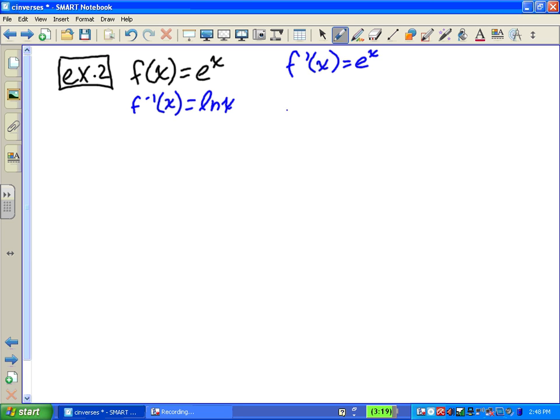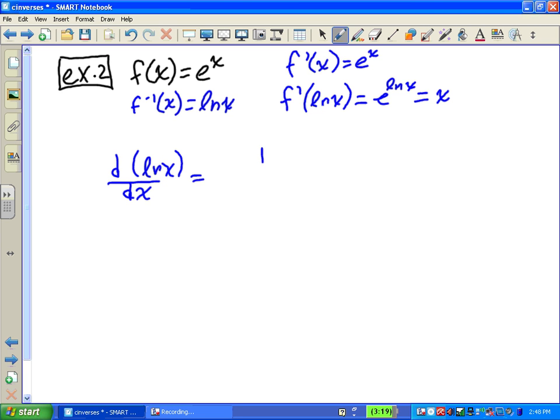And f prime of ln x equals e to the ln x, but that simplifies to x. So the derivative of ln x with respect to x equals 1 over x, which also corresponds to what we know.